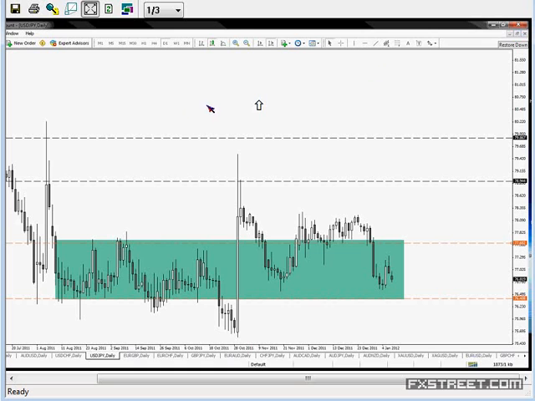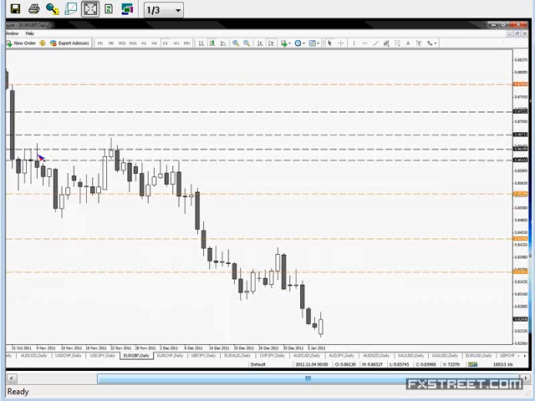The euro pound. Whoa, that's interesting. Okay, that's really interesting, isn't it? Let's back it up here. See, I don't have any zones drawn on the euro pound here.